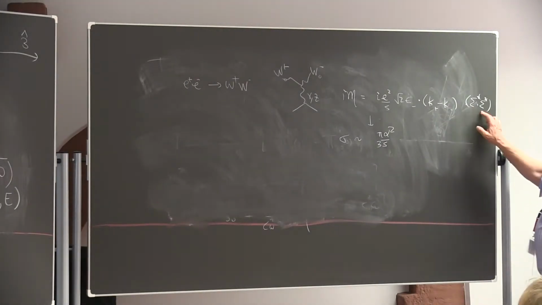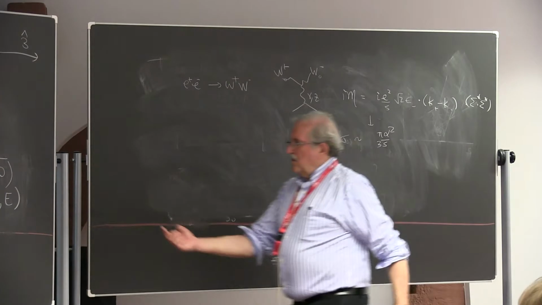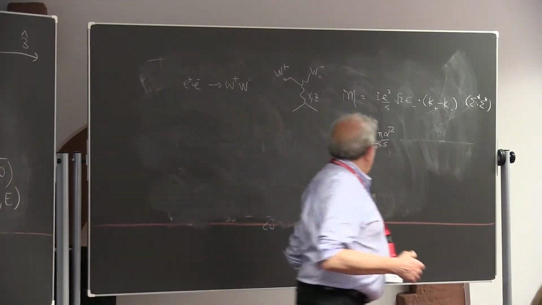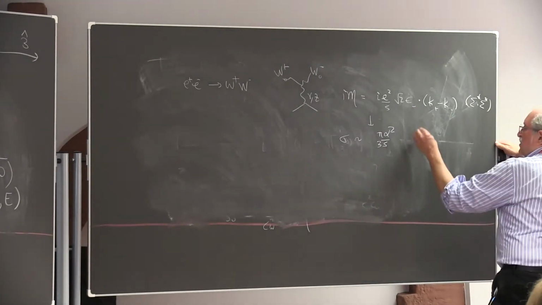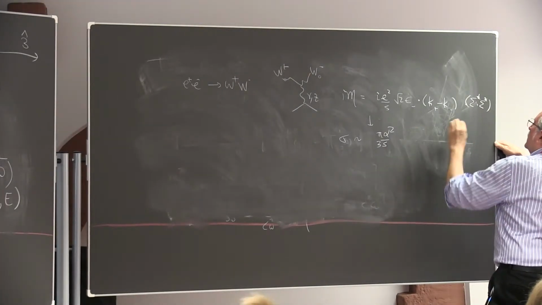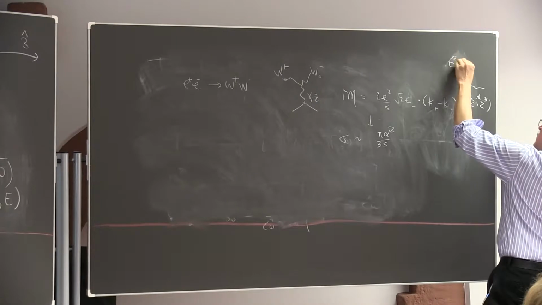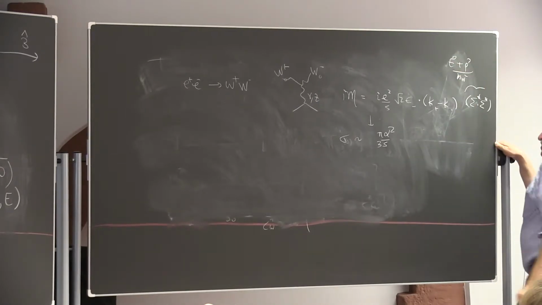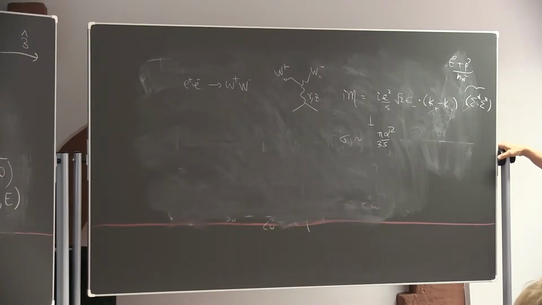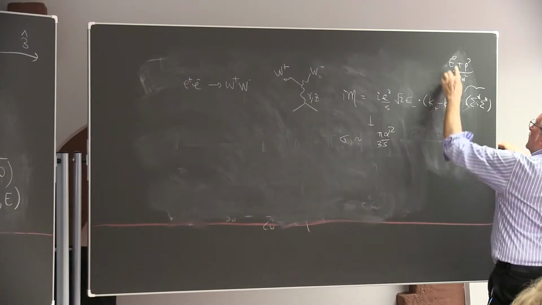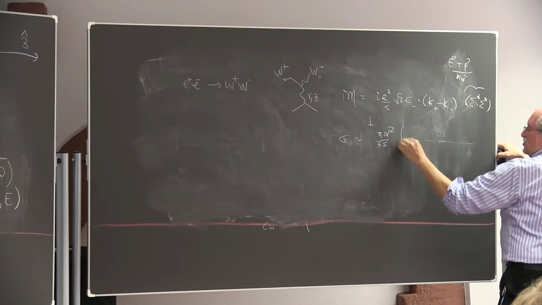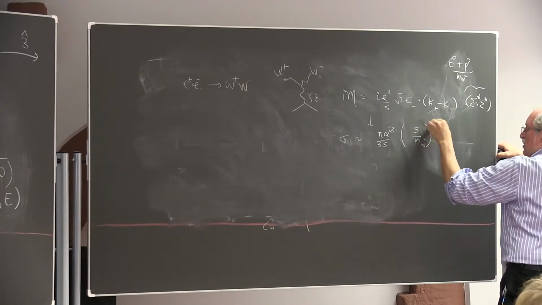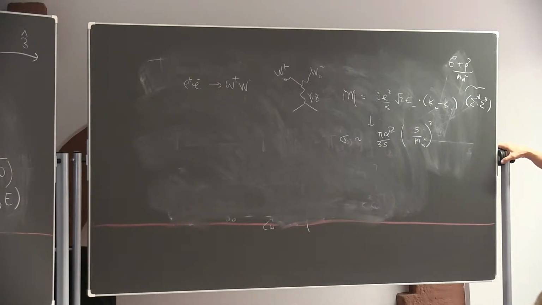Because this dot product will be this vector dotted into the reversed vector. And the answer is (E squared plus p squared) divided by m_W squared. Okay, well that's not good. This is basically s over m_W squared, and the cross-section goes like (s over m_W squared) squared.